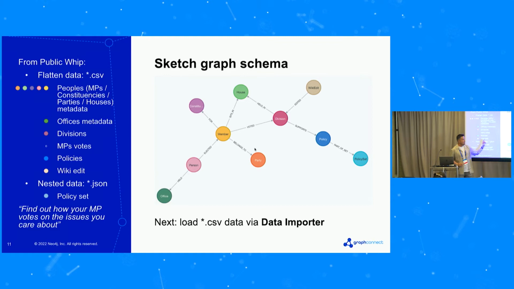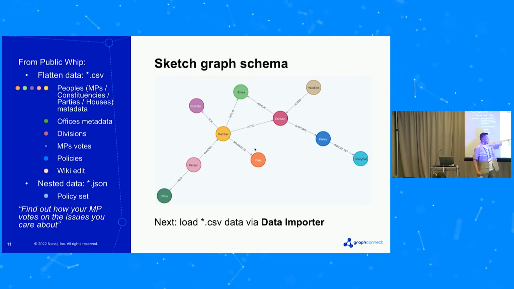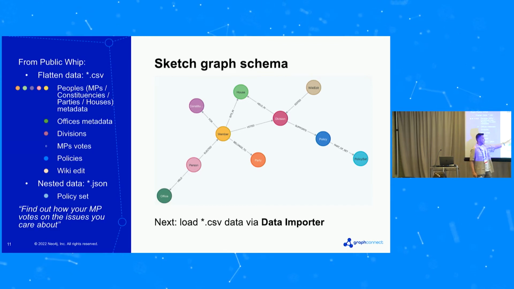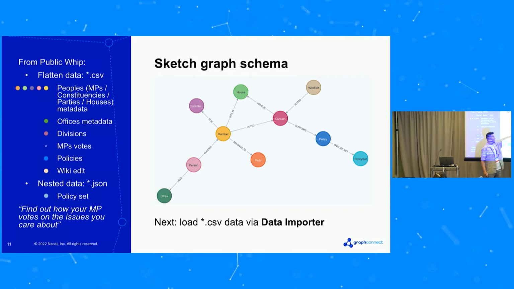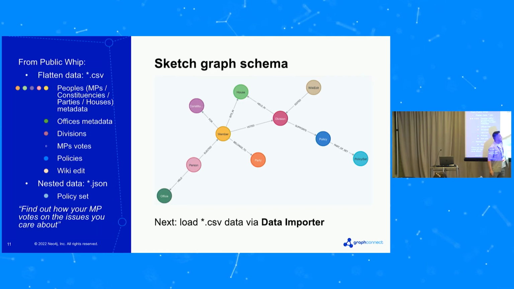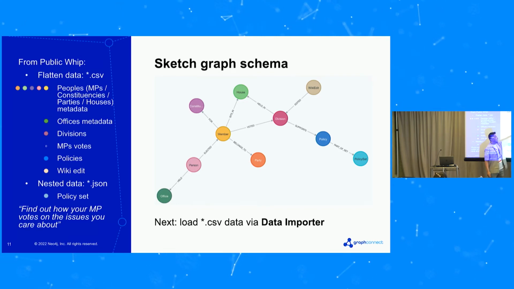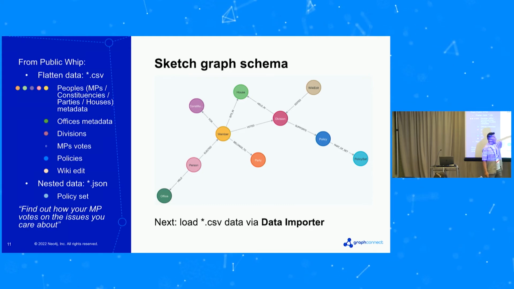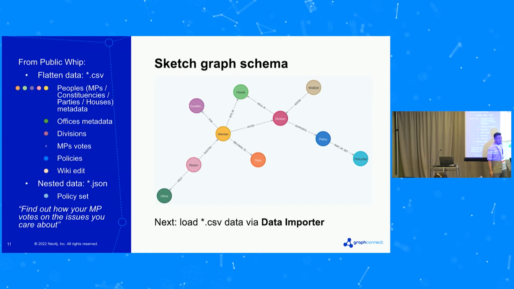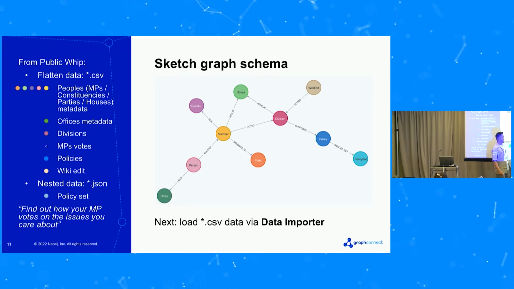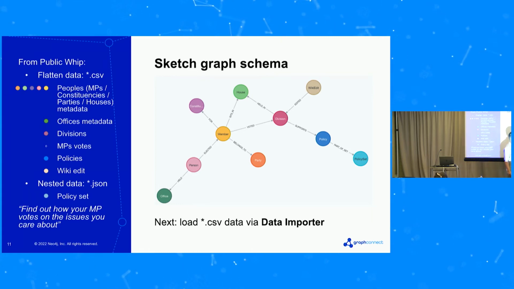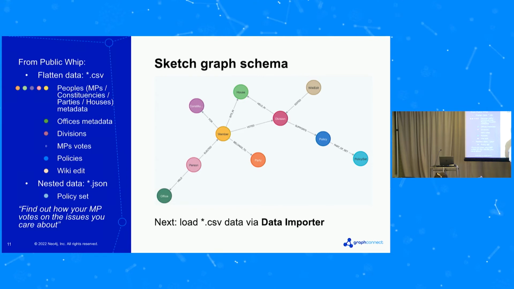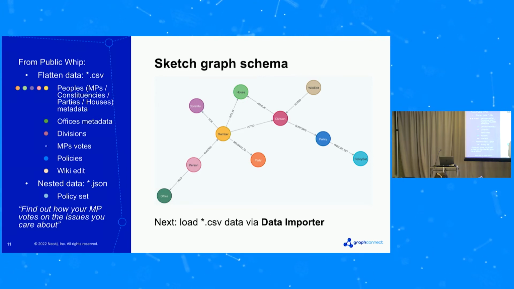Basically, the person held the office, and the person can be elected as a member to sit in the house, and the member is representing the constituency. And the member belongs to a certain party, and the member is able to vote for a certain division, and the division finds support for the future policy, and the policy is a subset of the policy set.